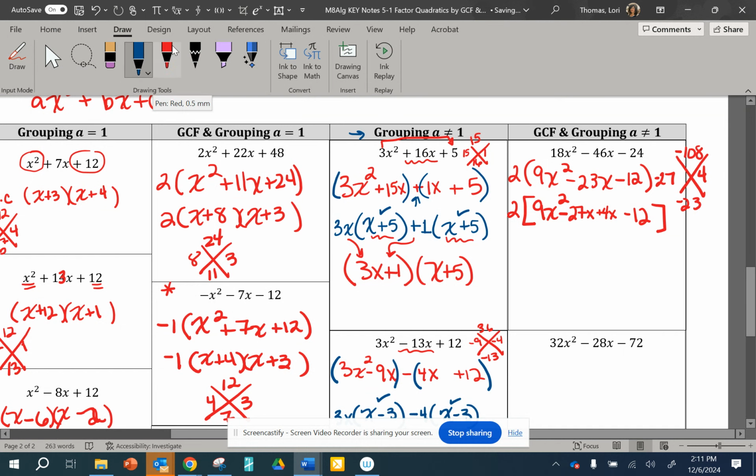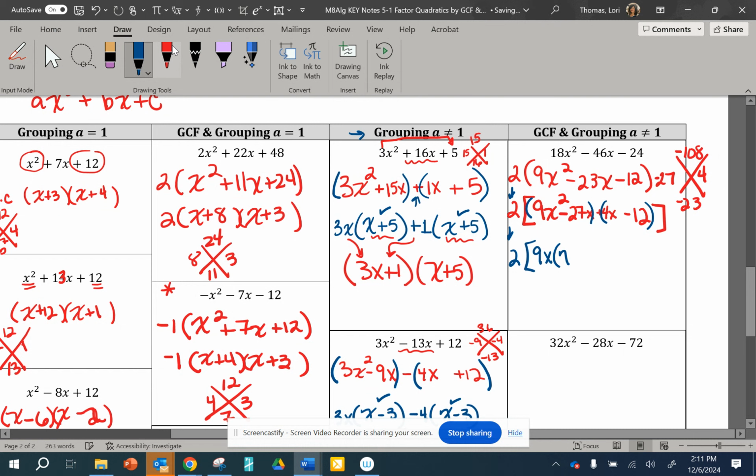Now we're going to group. This is why I use brackets for this part, because I have a GCF from the original. And then we're going to group and group. Bring down the 2. Now, just like over here, you're going to ask, what is the GCF here? So our GCF is 9x.